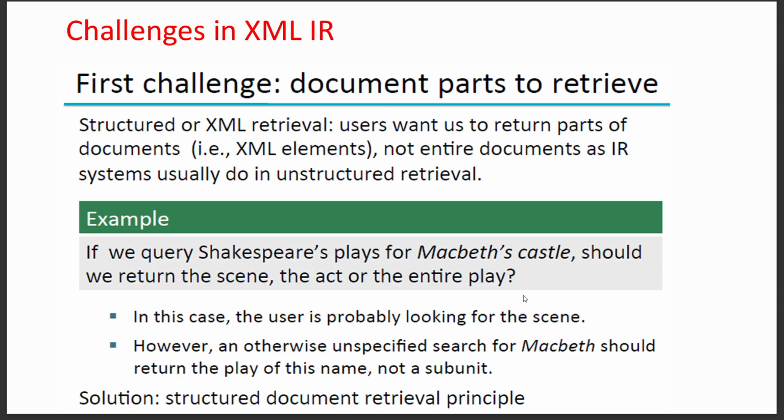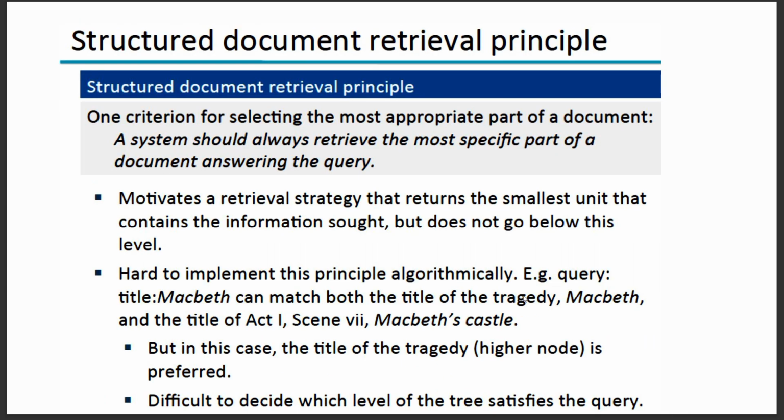Now the solution is the structured document retrieval principle. What does this principle stand for? It is one criterion for selecting the most appropriate part of a document. The system should always retrieve the most specific part of a document answering the query.